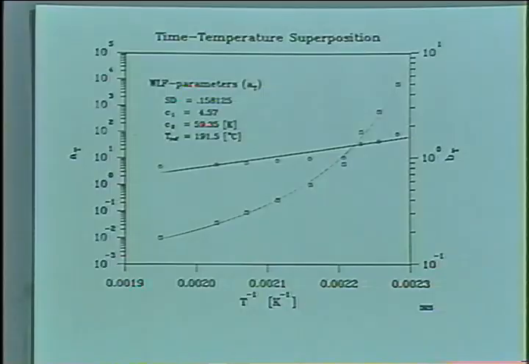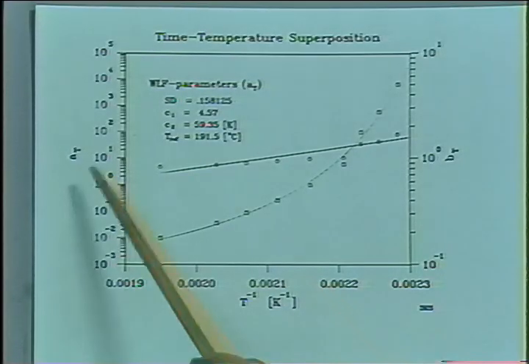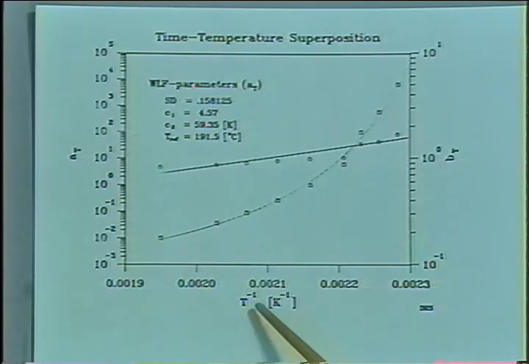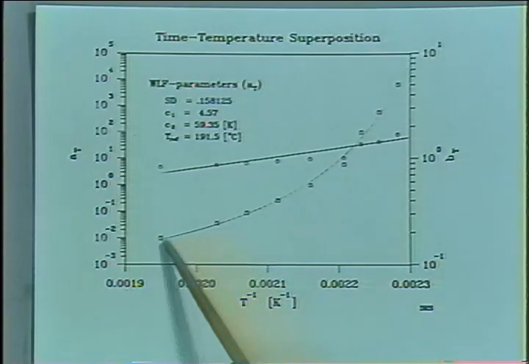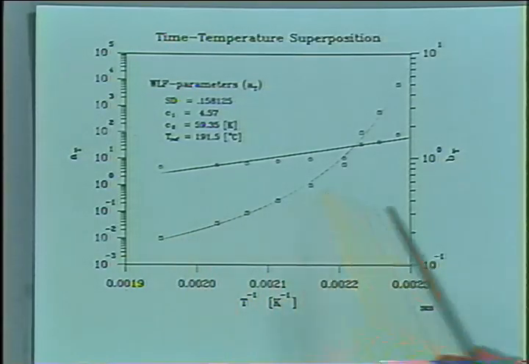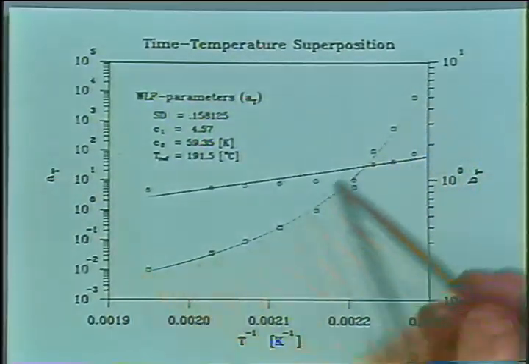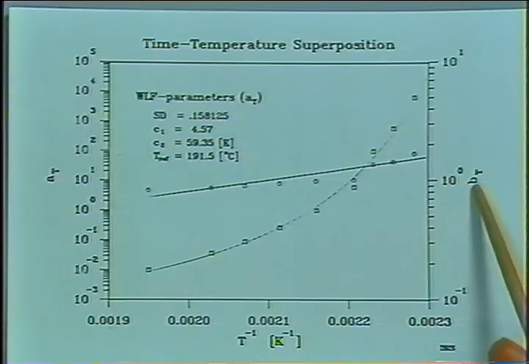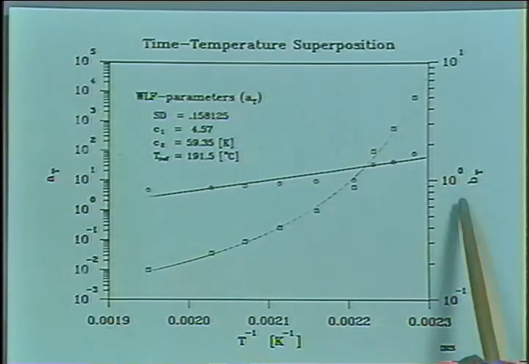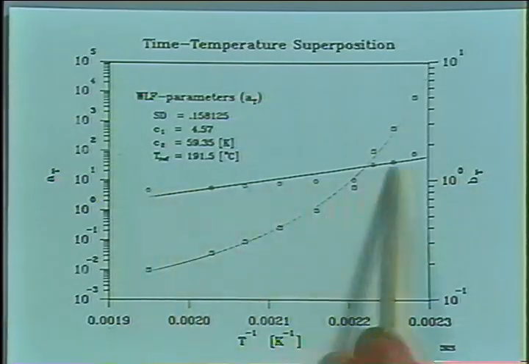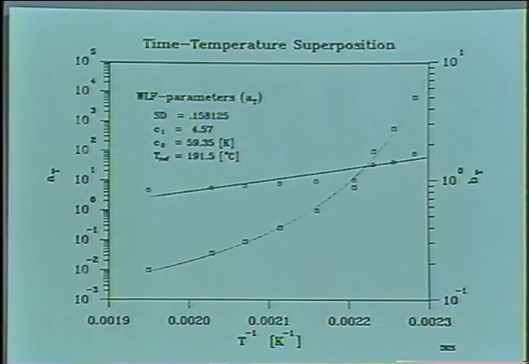And it also gives us the temperature dependence of the relaxation. We have AT. It's plotted here against 1 over T, because if it's a straight line here, it would be Arrhenius behavior. So AT is measured from the horizontal shifting, and BT is the up and down shifting, the vertical shifting.